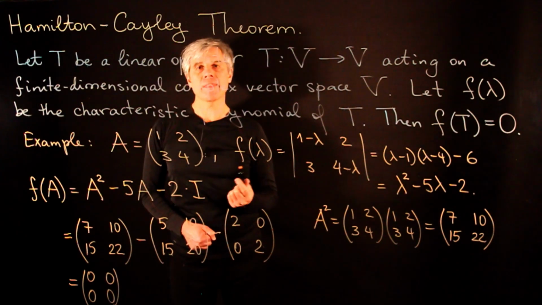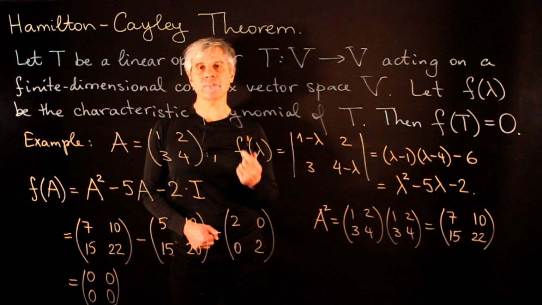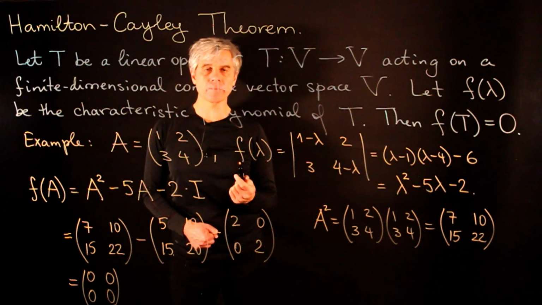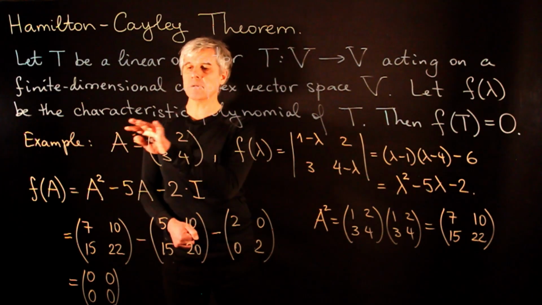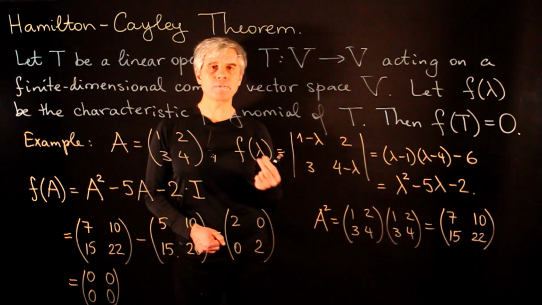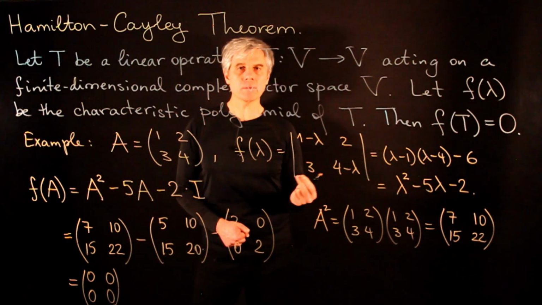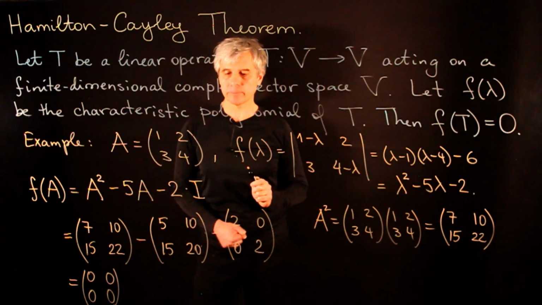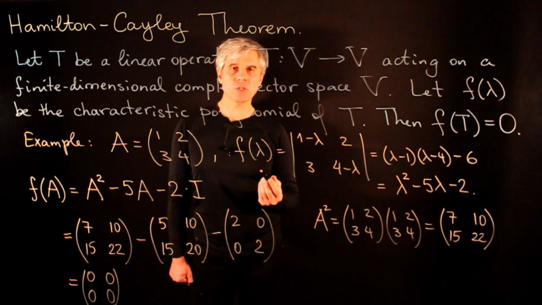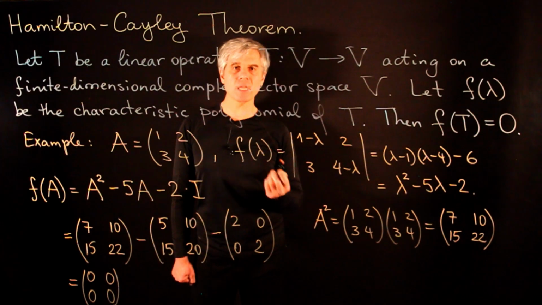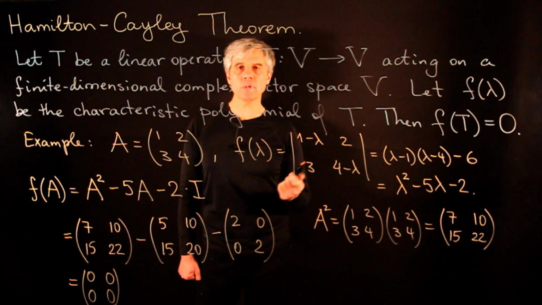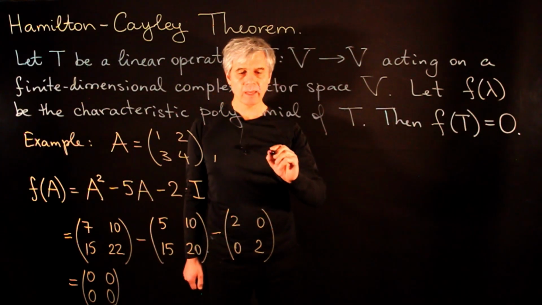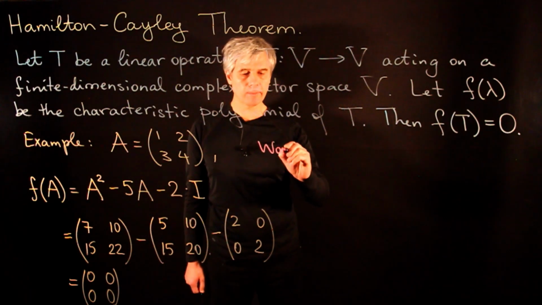And we know that similar matrices have equal characteristic polynomials. This means that the characteristic polynomial is not just a feature of an individual matrix, but it's a feature that we can attach to a linear operator. If we perform a change of basis in our vector space, the matrix will change, the characteristic polynomial will not. Let's give a warning.